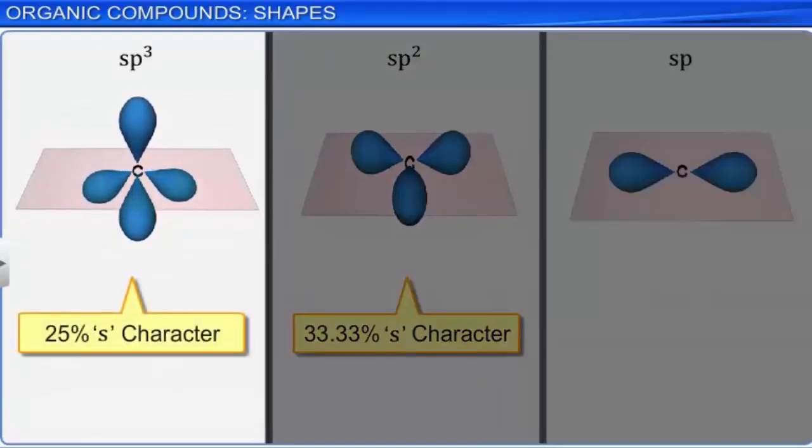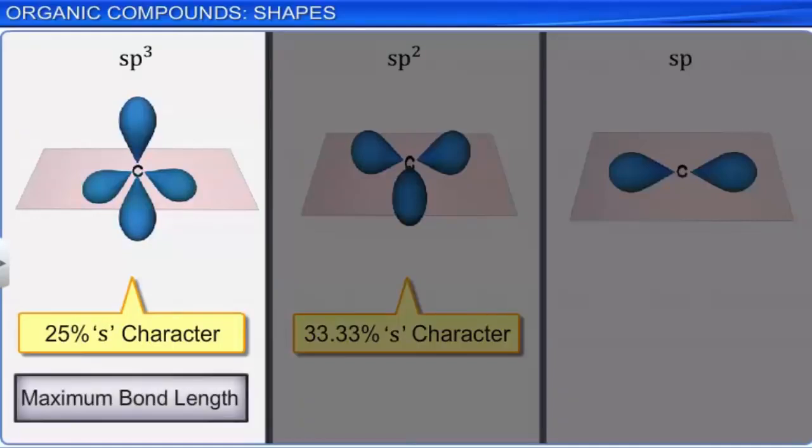Hence, the bond length is more in case of the bonds formed by sp3 than sp2 hybrid orbitals, and least in case of the bonds formed by sp hybrid orbitals.